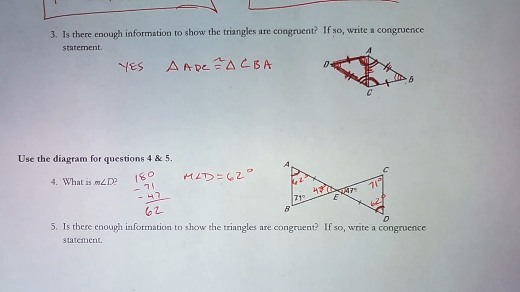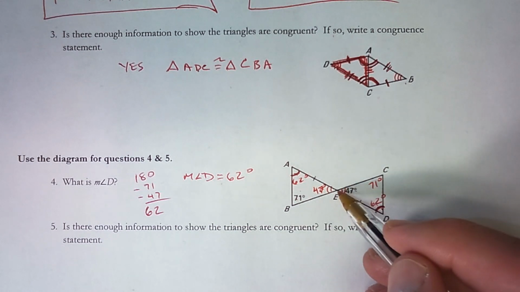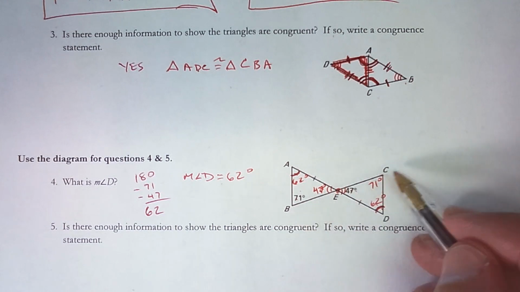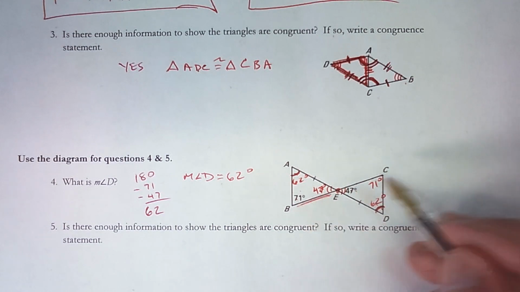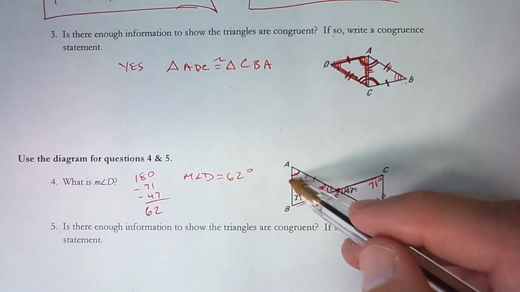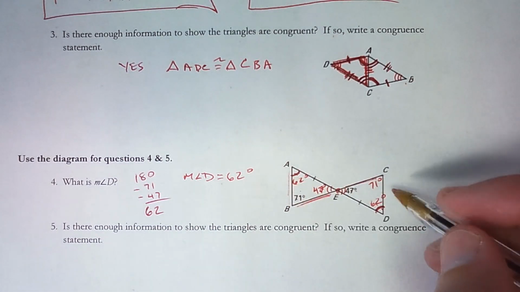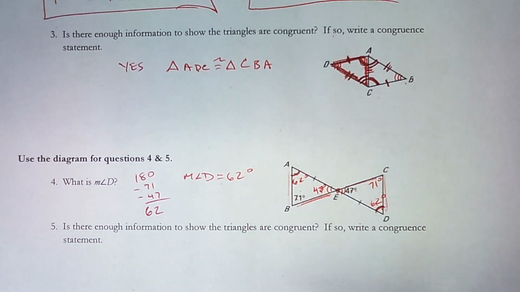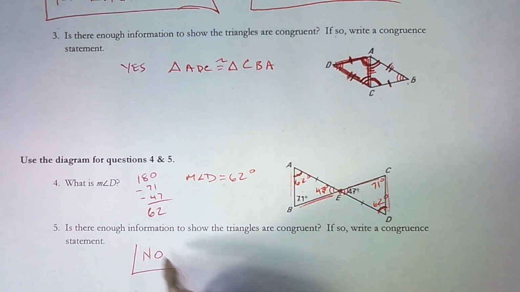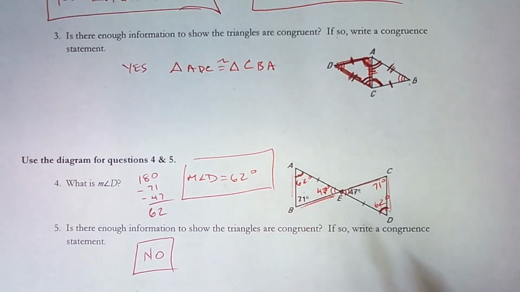What about all three sets of sides? I do not know if E is the midpoint of BC, so I cannot say that BE and CE are the same. And I don't have any reason to know that AB and DC are the same. So I'm going to have to say, no, there's not enough information to say they are congruent. So I cannot write a congruence statement.